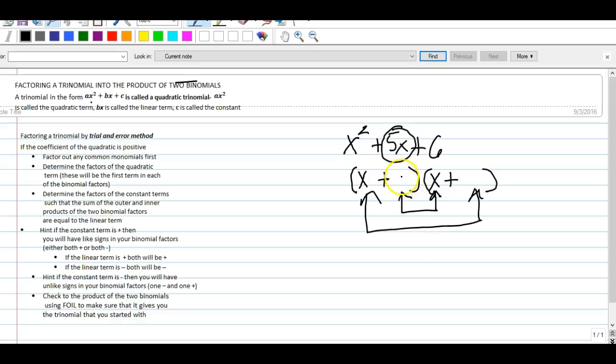So that's why we call it trial and error. But the factors that we're actually looking for for 6 would be 2 and 3. Why? Because that would give me an inner product of 2x, and then give me an outer product of 3x, and the sum of those gives me the linear term, which is 5x.